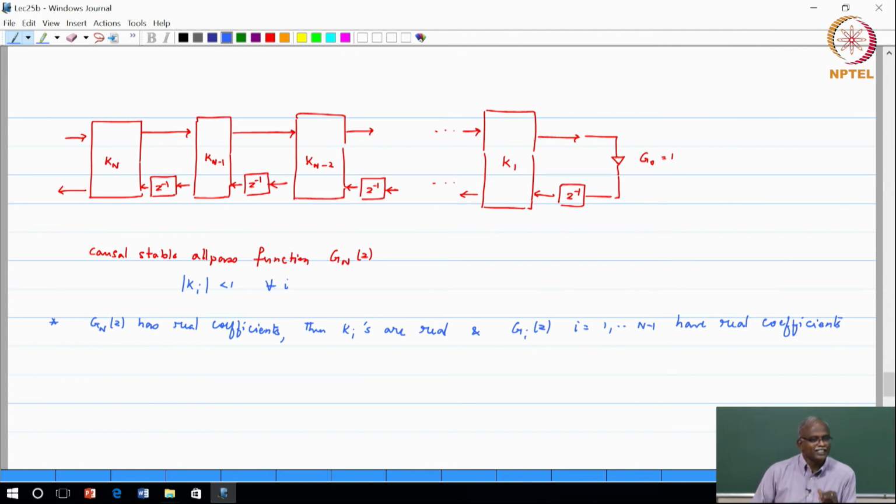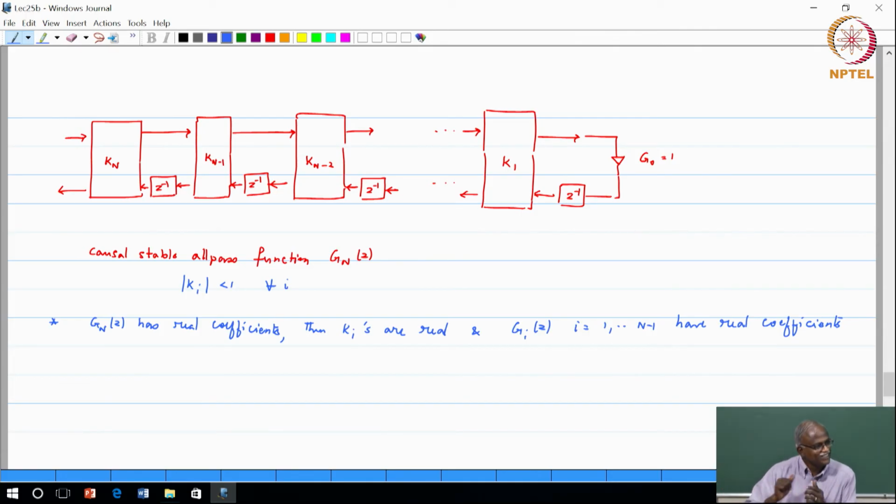Now, have you seen this structure anywhere other than signal processing? You have seen it somewhere. There is something called the Routh-Hurwitz criterion for stability of a transfer function. You take a polynomial, construct a numerator polynomial which is time reversed, and then you compute the k coefficients.